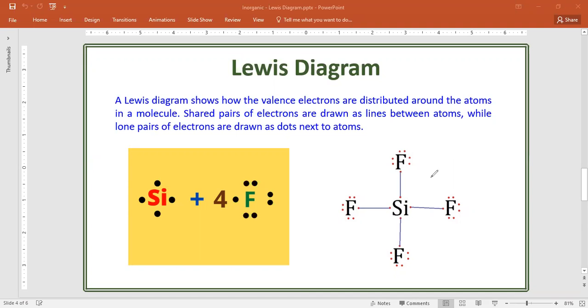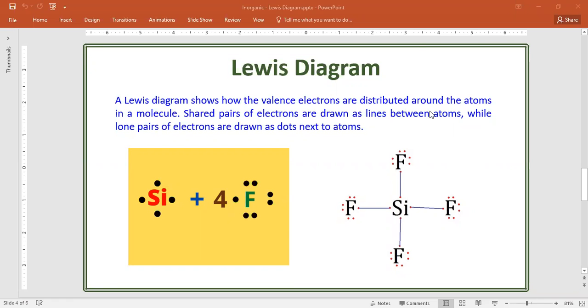So whatever the element, the least electronegative one must be the central atom, and the remaining ones on the outer side. That is the reason silicon is in the center.